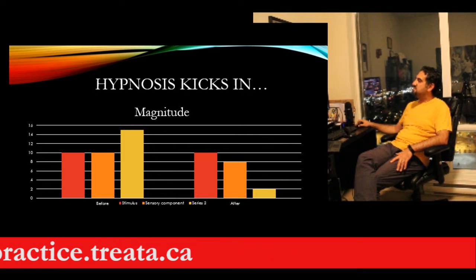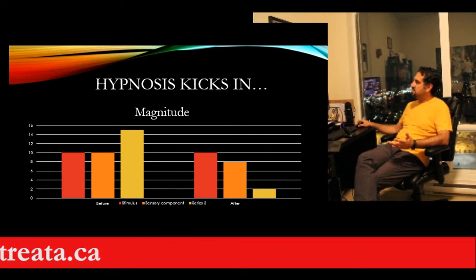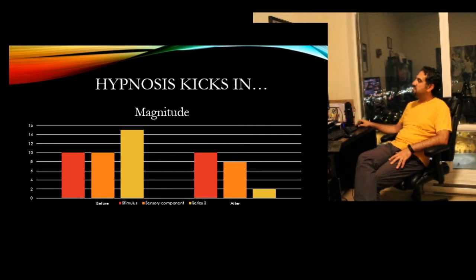And this one, the orange color, is representing the sensory component of pain. After hypnosis, the sensory component of pain is changed. It is decreased, but only slightly, from 10 to 8.